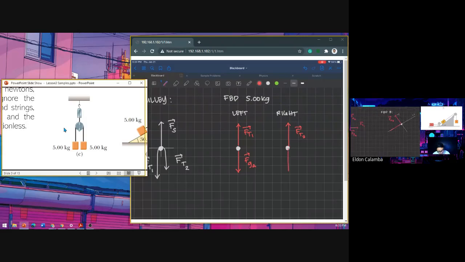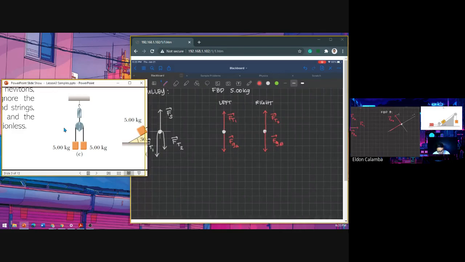And then FGB. For all we know, FGA and FGB, they are just the same. Ayan. So meaning to say, FG, that is just equal to 49 newtons. That's 5 kilograms times 9.8. This is just equal also to FGA na equal din kay FGB.